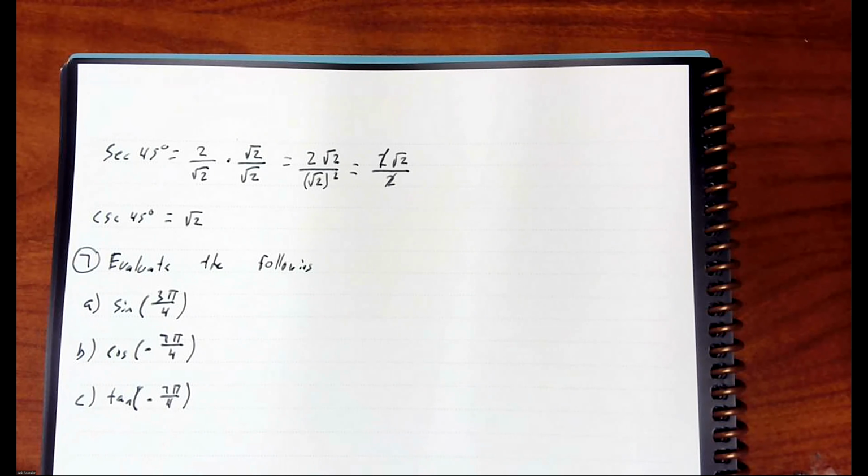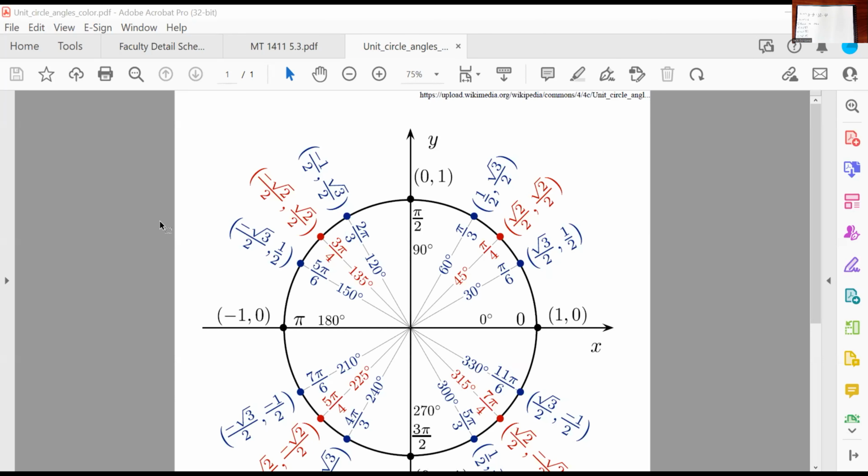Where's my mouse? If I don't share it, it won't appear on the recording. So sorry. What was the answer to the question? 3 pi over 4, right? Okay, so it's right here. So we don't have to, it's already a standard angle.